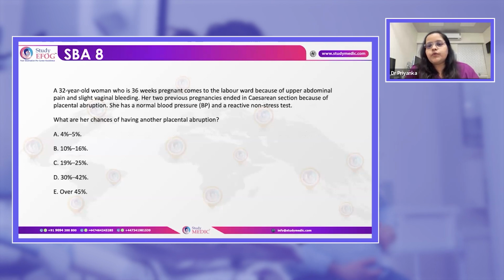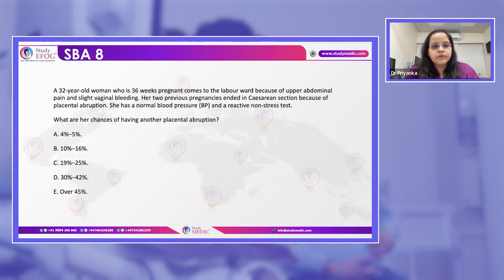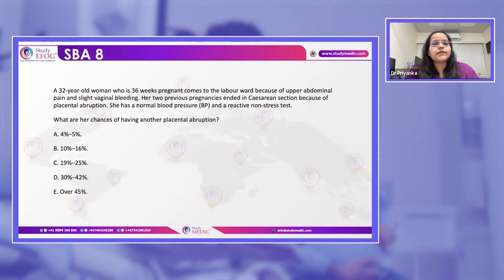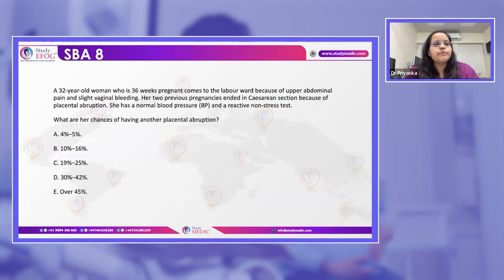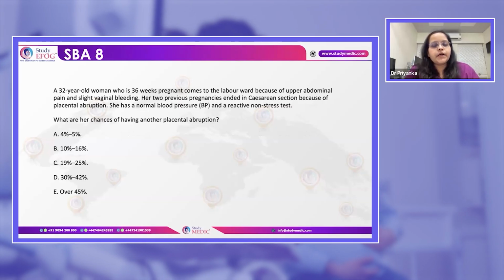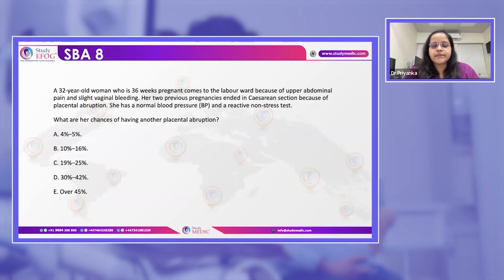Now, coming to question 8, she is a 32-year-old woman who is 36 weeks pregnant, and she comes to the labor ward because of upper abdominal pain and slight vaginal bleeding. Her two previous pregnancies ended in cesarean section because of placental abruption, and she has a normal blood pressure and reactive non-stress test, that is NST.